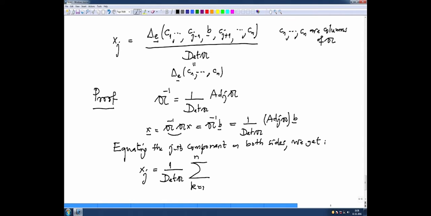The jth row is indexed by A tilde j first, but A tilde kj is minus 1 power k plus j times capital AKJ times BK.